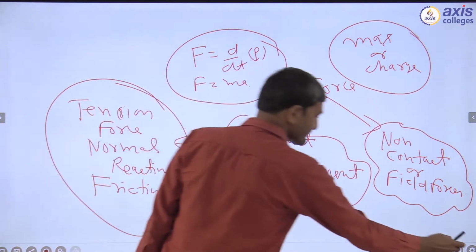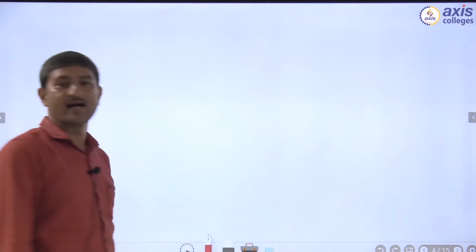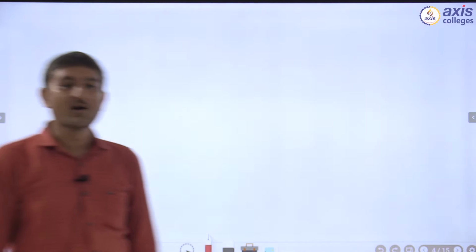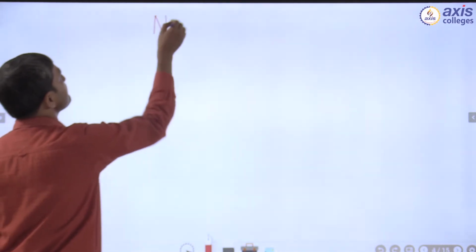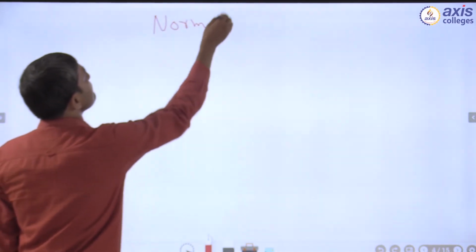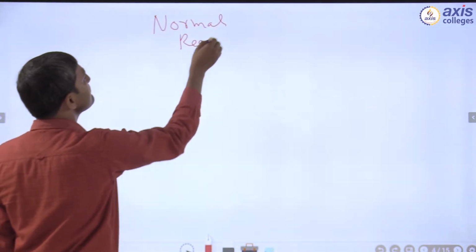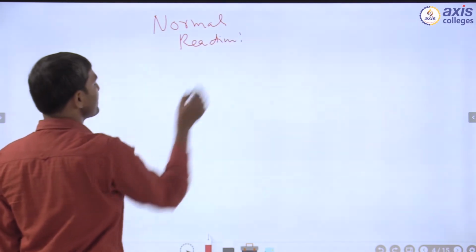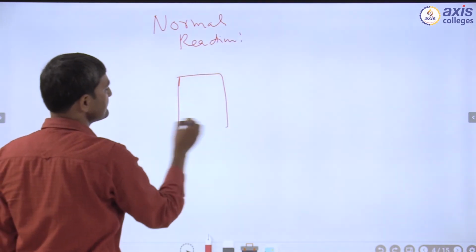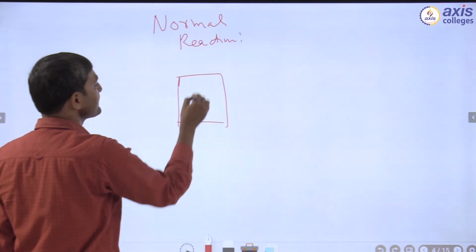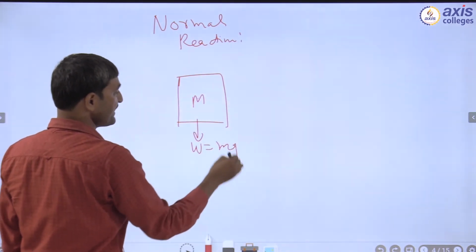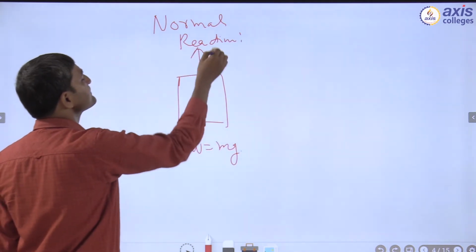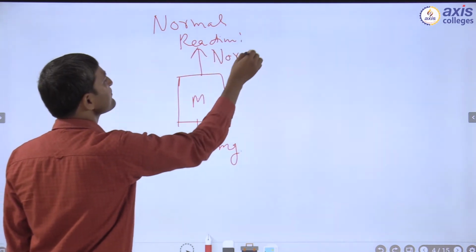Now, in the next slide, I am discussing normal reaction. So to describe the normal reaction in general, suppose this is an object. Mass of the object is capital M, so its weight is mg, and this is the normal reaction.